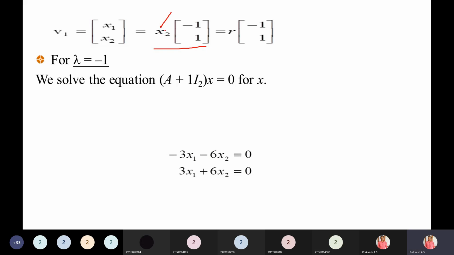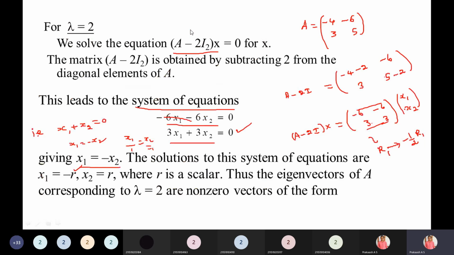If I take x2 here, it becomes minus x2, that is x1. So we have seen that it gives x1 equal to minus x2. But in the problem we take x1 by 1, x2 by minus 1, so the x1 value is 1 and the x2 value is minus 1.